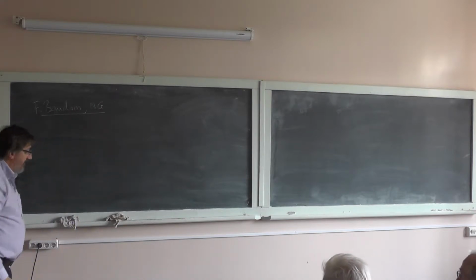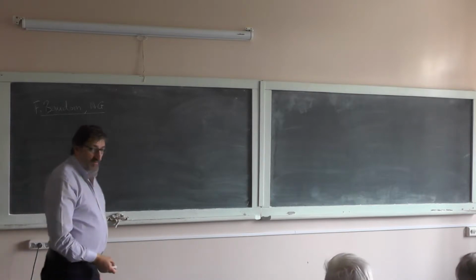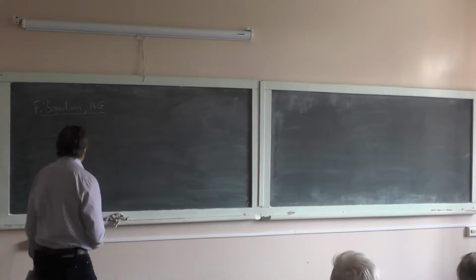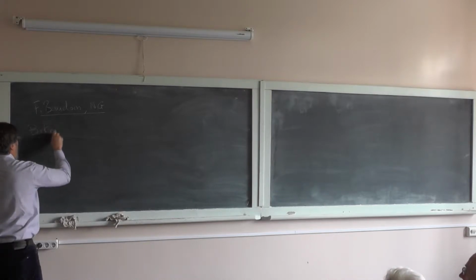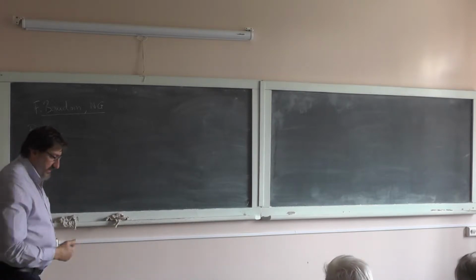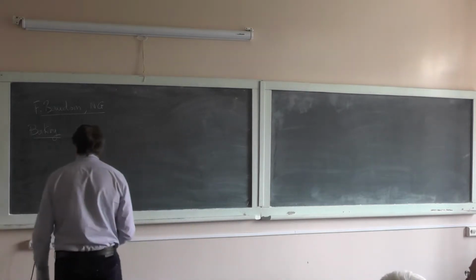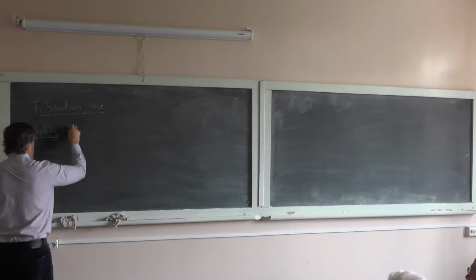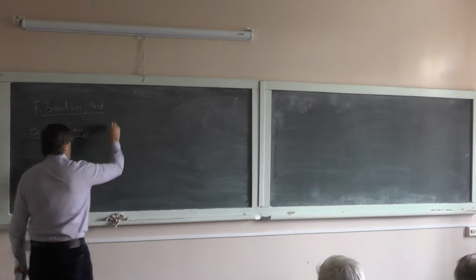And our inspiration came from a beautiful circle of ideas that has in fact been developed by Dominique Bakry. Bakry has been developing for many years what he called the gamma calculus. So in the early 80s, Bakry and Emery introduced the so-called gamma calculus.